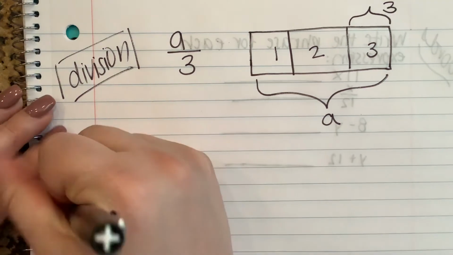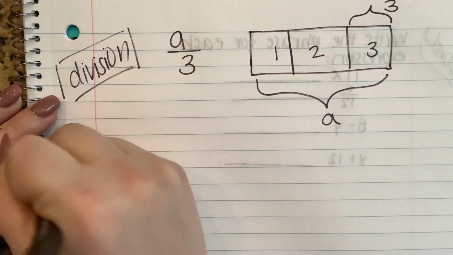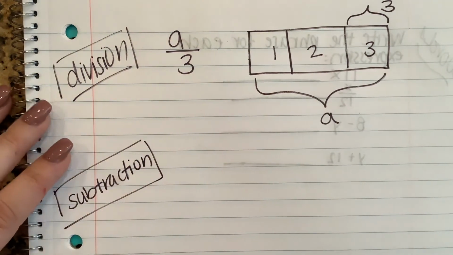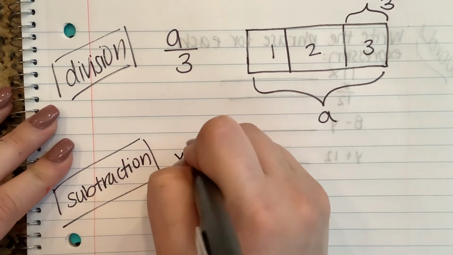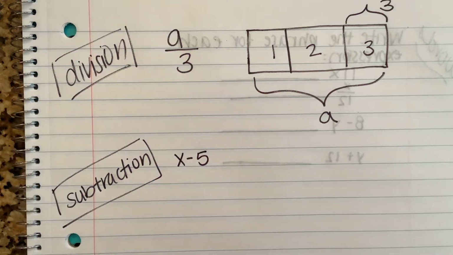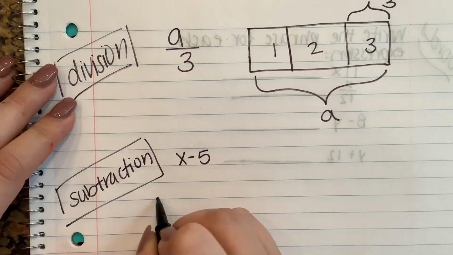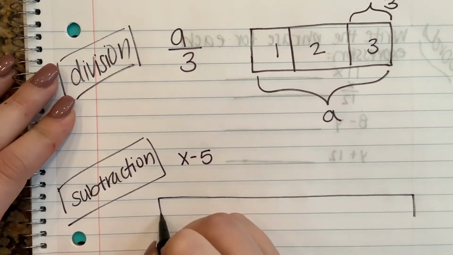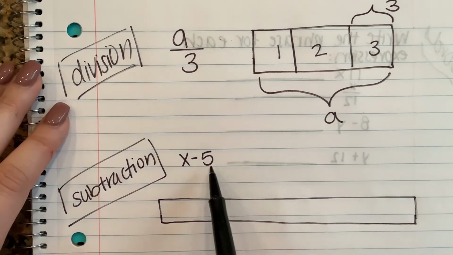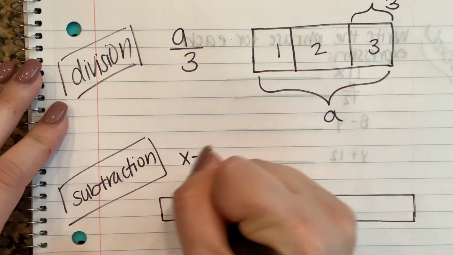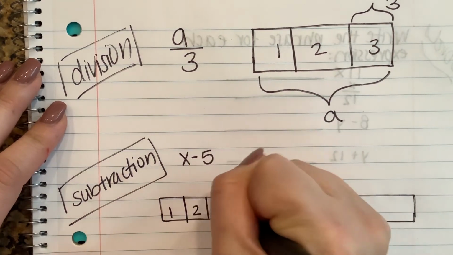Last, let's look at subtraction. Okay, so subtraction, we're going to do the problem x minus 5. I think subtraction is the most complicated one to model, so let's take a look. We're going to make our bar again. I have my constant 5, so I'm going to break up my constant. 1, 2, 3, 4, 5.